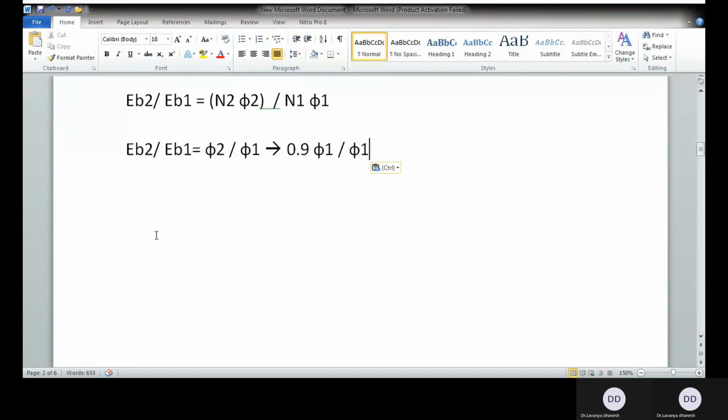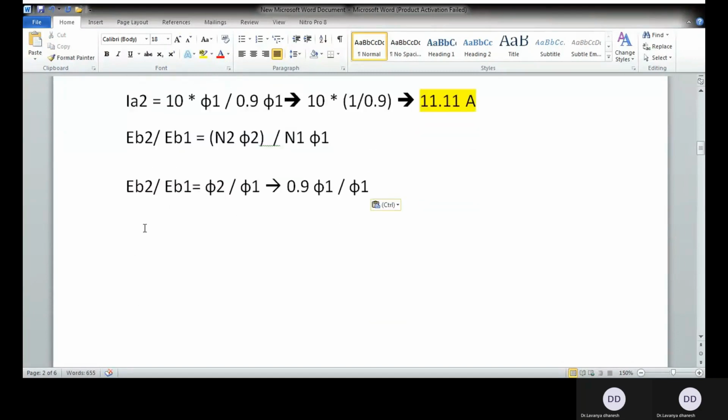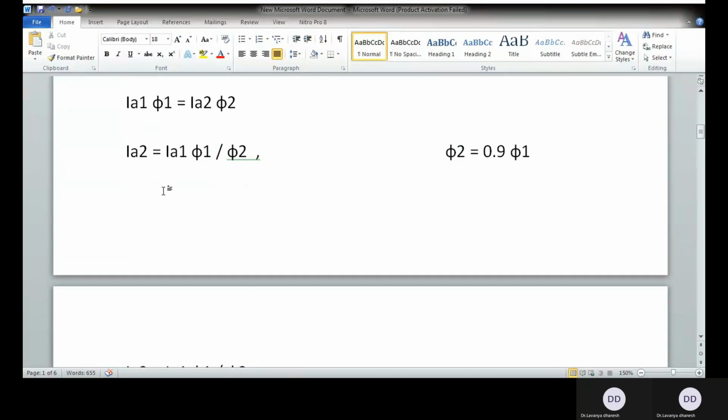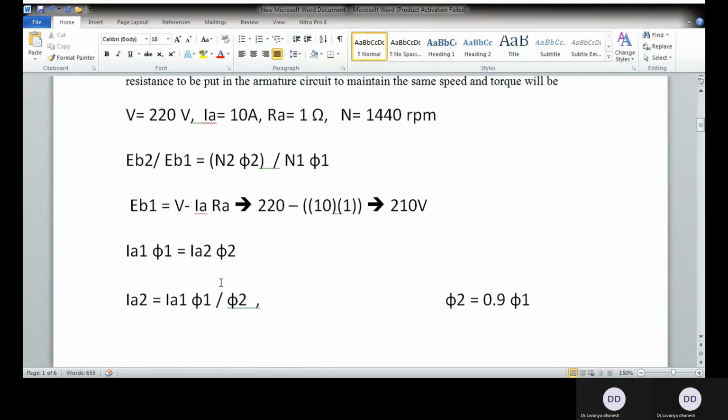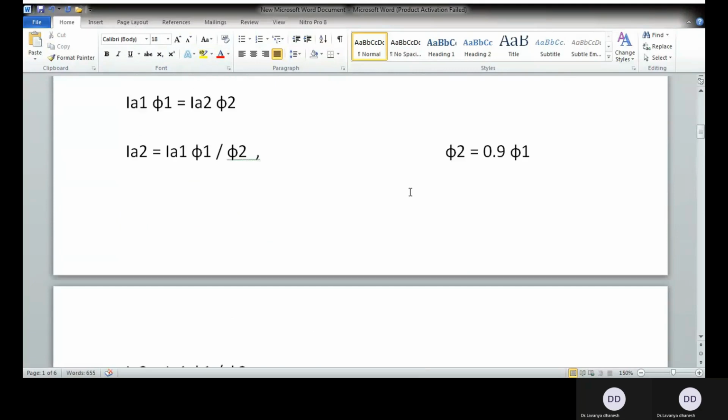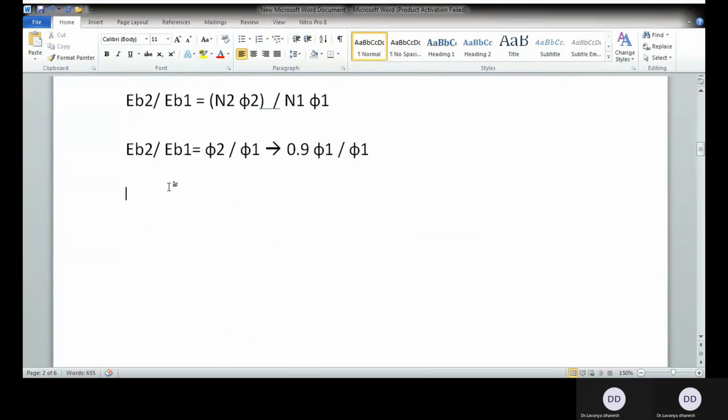Right? So we know the value of back EMF. We have found out one value, no, EB1. So EB1 value is 210 volts. We got the value as 210. So from that we can calculate EB2.